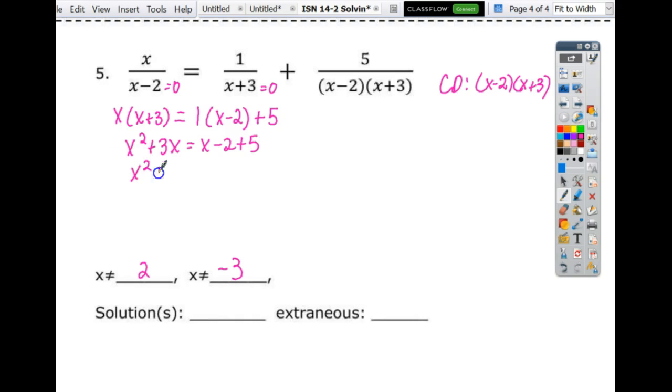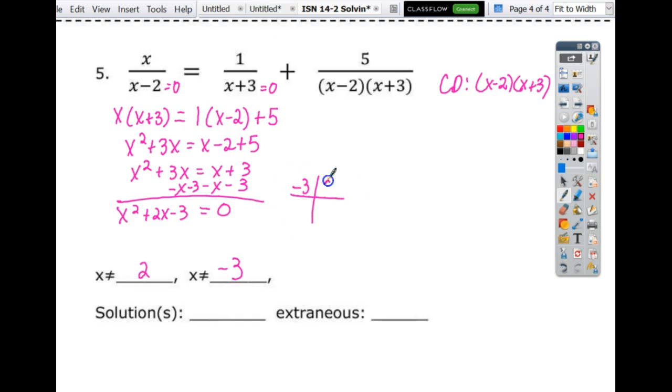So I get x squared plus 3x. So I'm going to subtract x and subtract 3. And we're going to factor. So, 3 and negative 1.